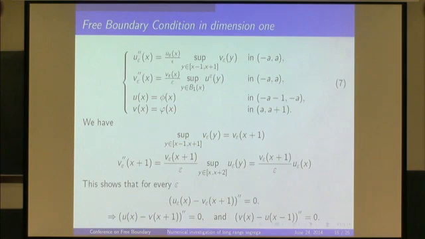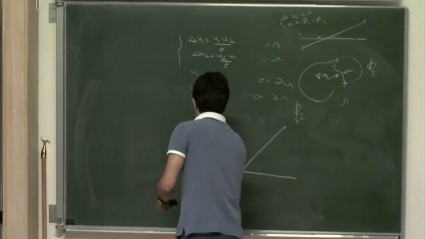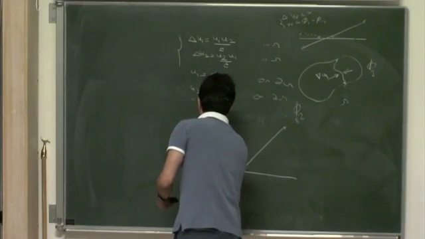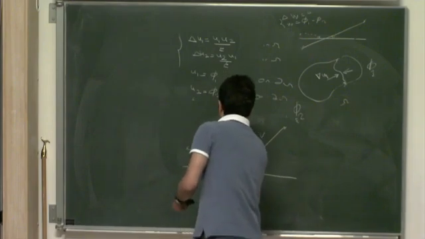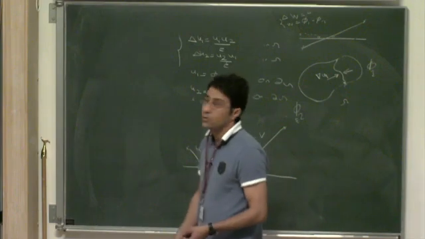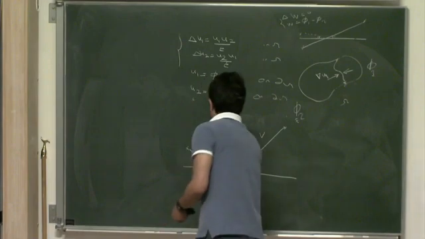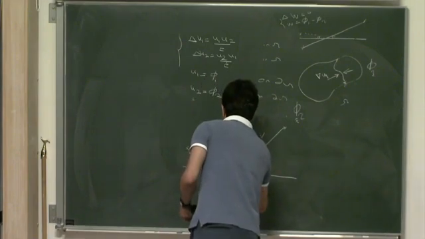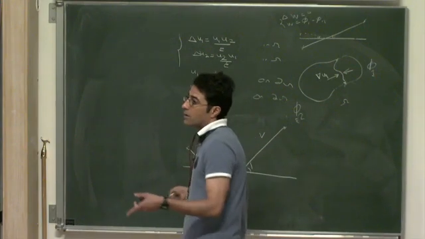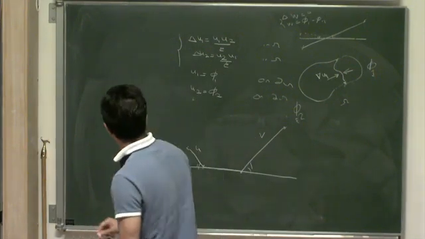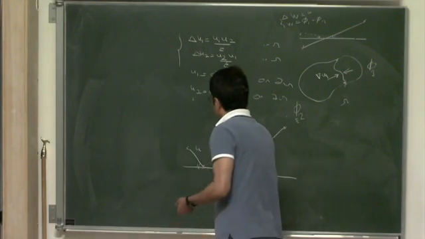So we will obtain that u and v are harmonic and have distance 1, and at these two points, which are my free boundary in dimension 1, the gradient here is equal to the gradient here.